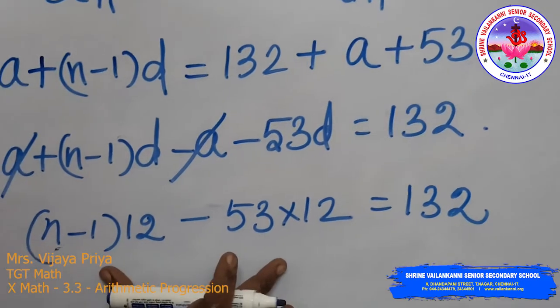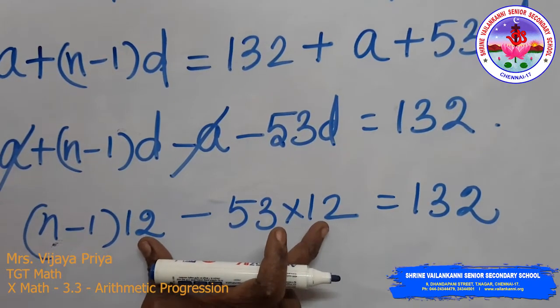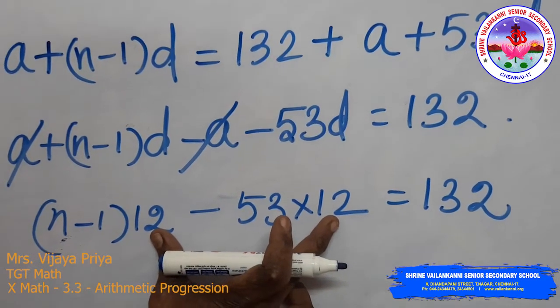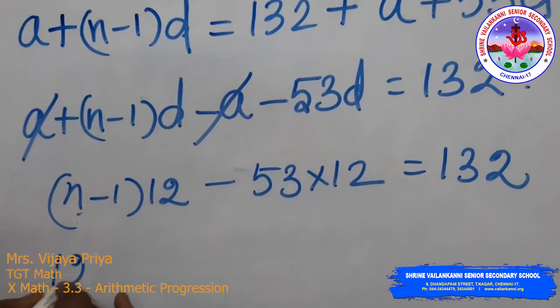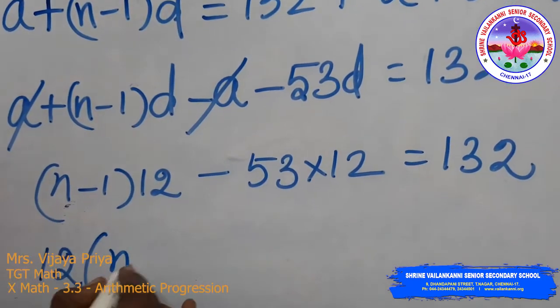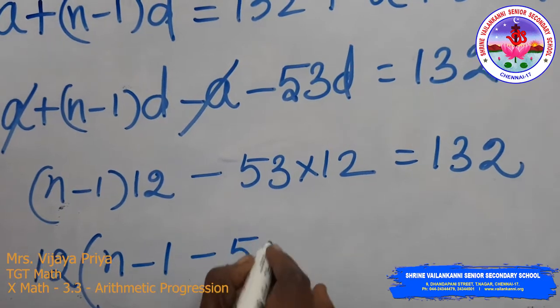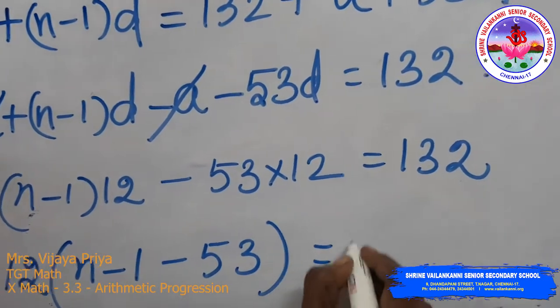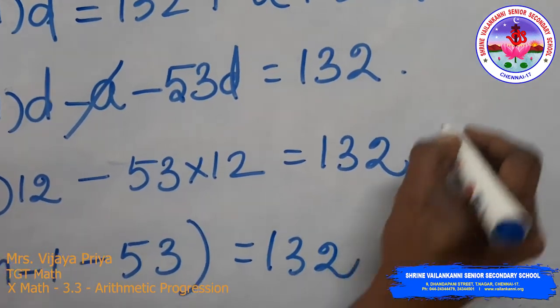In this expression I am going to take the common term 12 outside. So I will have 12 into n minus 1 minus 53, which is equal to 132.